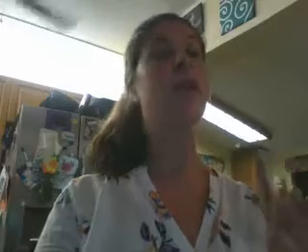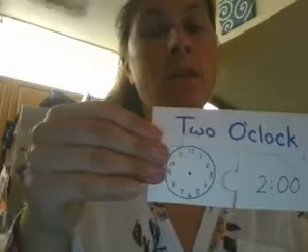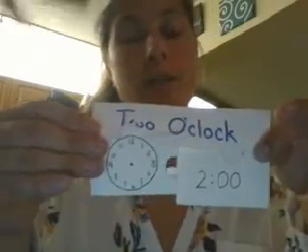In this one, one of the puzzle pieces will not be labeled. So the students are going to have to go in and label the missing piece. I'm going to show you the puzzle piece put together. So this says 2 o'clock.